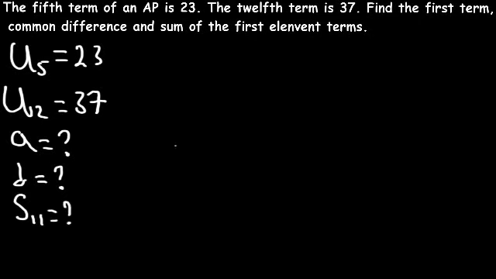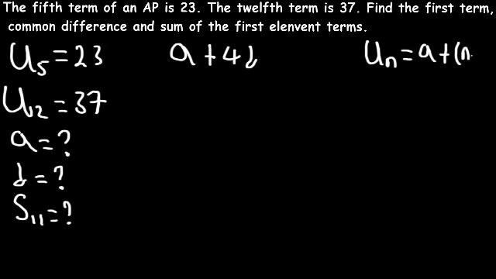Now let's find the values of a and d respectively first, because after that we can get the sum of the first 11 terms. According to the general term of an AP, u sub 5 would be a plus 4d. I'm trying to use this formula: you subtract 1 from n, multiply the value by d, and add it to the first term.